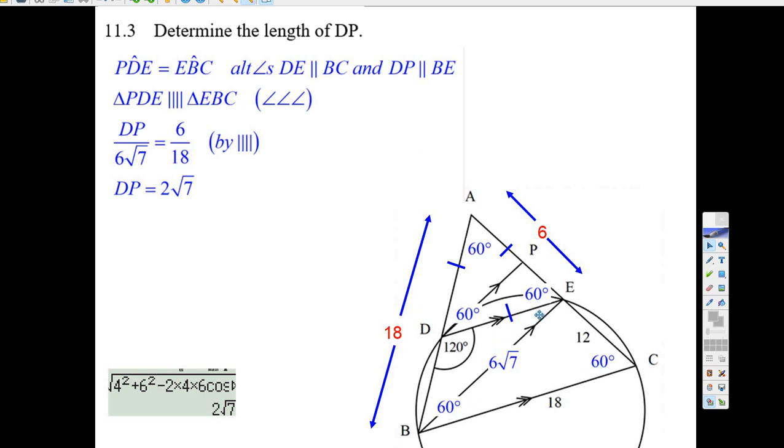You see, these two are equal, and these two are equal. By alternate angles and two sets of parallel lines, we have that these angles are equal. Well, that means that this little wedge and this bigger wedge, PDE and EBC, must be similar.